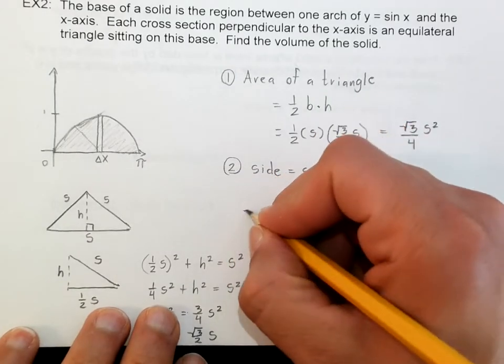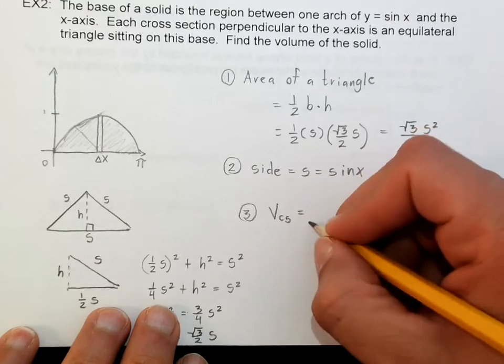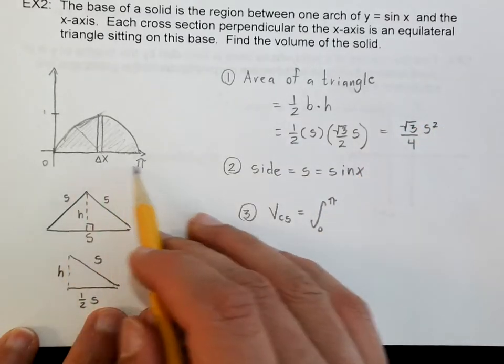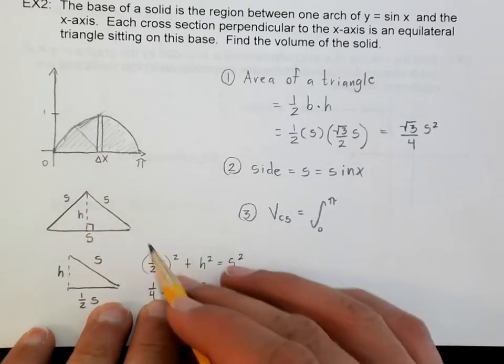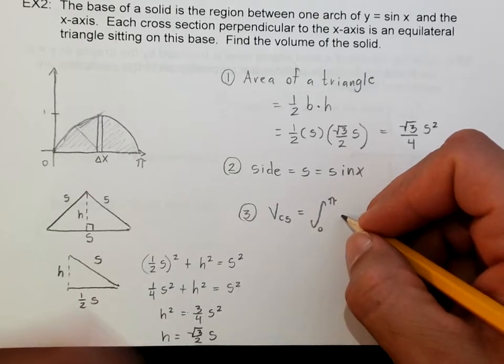So to figure out the cross section, I'm going to go between 0 and pi, and this is the work you have to do. Obviously, if you remember the sine function, you'll know that sine of 0 is 0, sine of pi is 0.